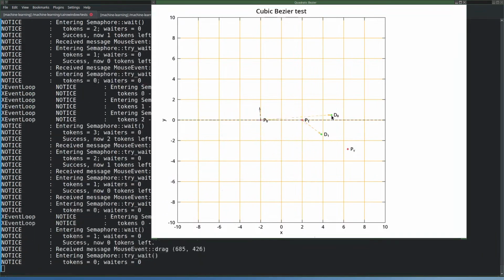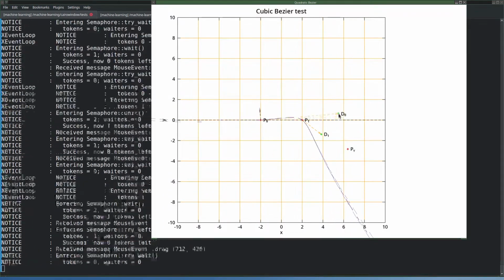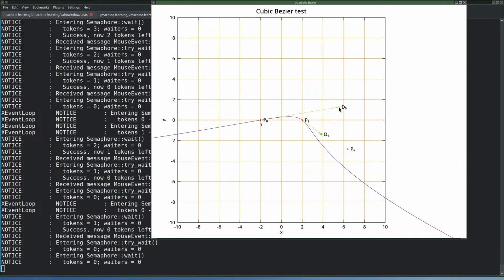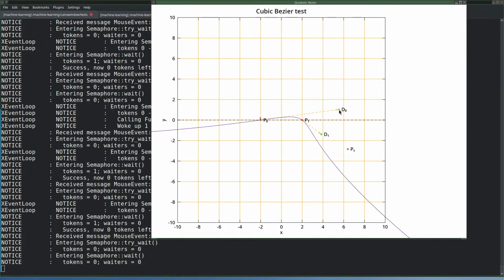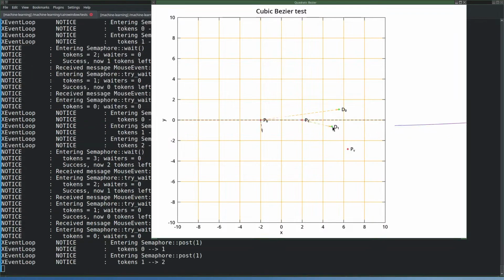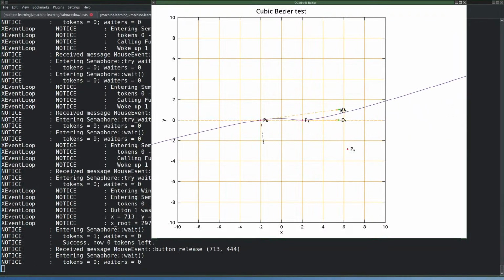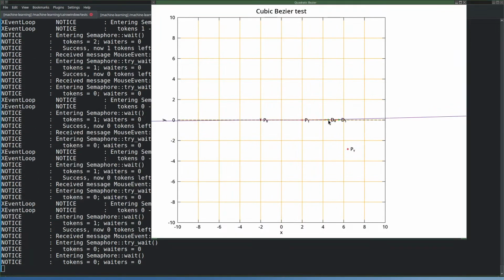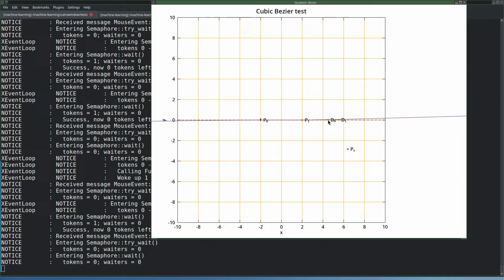Okay, this is more and more straight. Now the length of the curvature is 0, like this. Curvature is 0 when it is a straight line, that's clear.